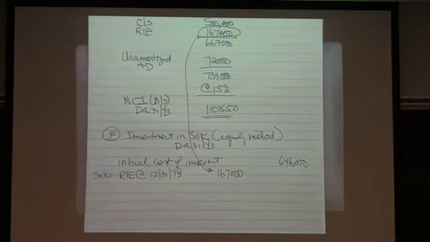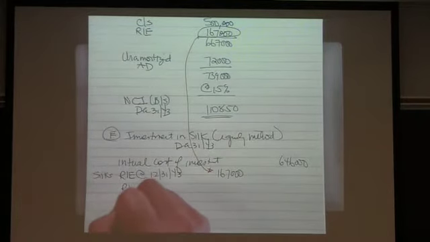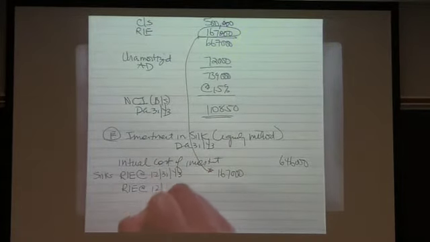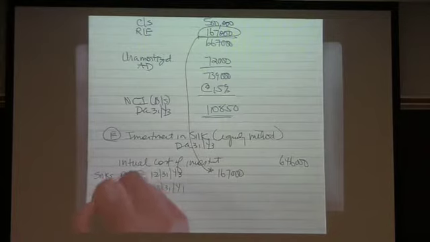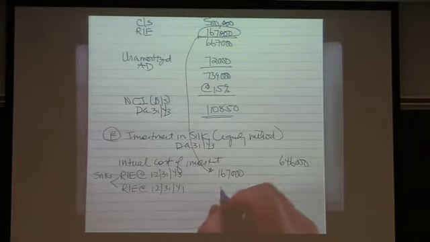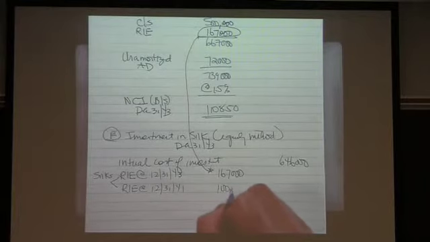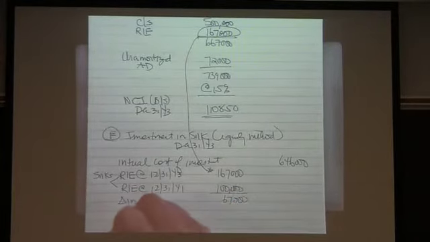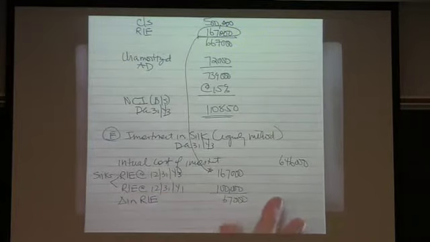We're going to subtract the retained earnings at date of acquisition. So these are both Silk's. And that was 100,000 if you recall. So this will be the change in retained earnings since acquisition, right?